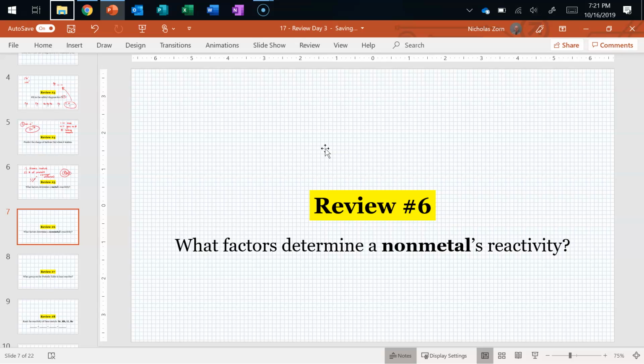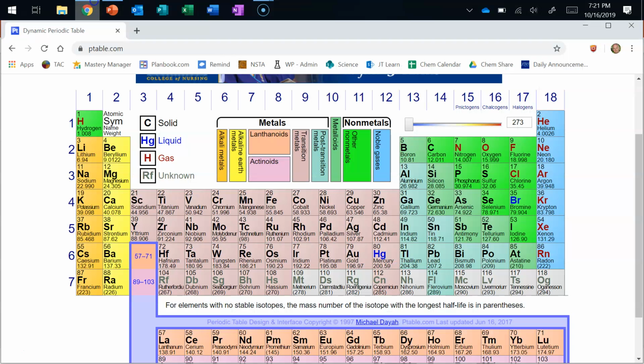What factors determine a nonmetal's reactivity? Nonmetals want to have 8 valence electrons. On the periodic table, if we go and look here, nonmetals are kind of in this area over here in the green. And we know that the noble gases all have 8. So all of these nonmetals are close to the noble gases.